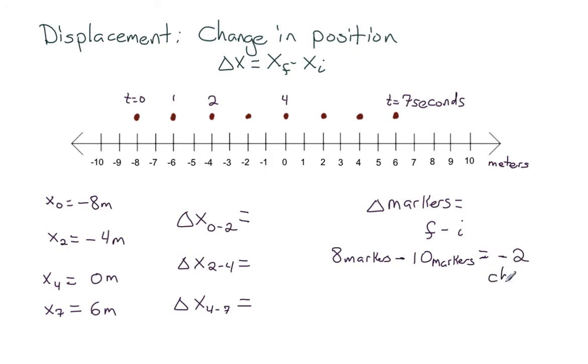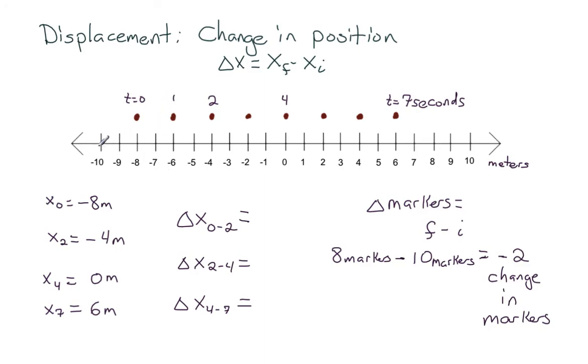That's the change in markers. -2 means you have 2 less markers than you started with, which should make sense. If you had 10 markers and now you have 8 markers, that's 2 less than you began with.